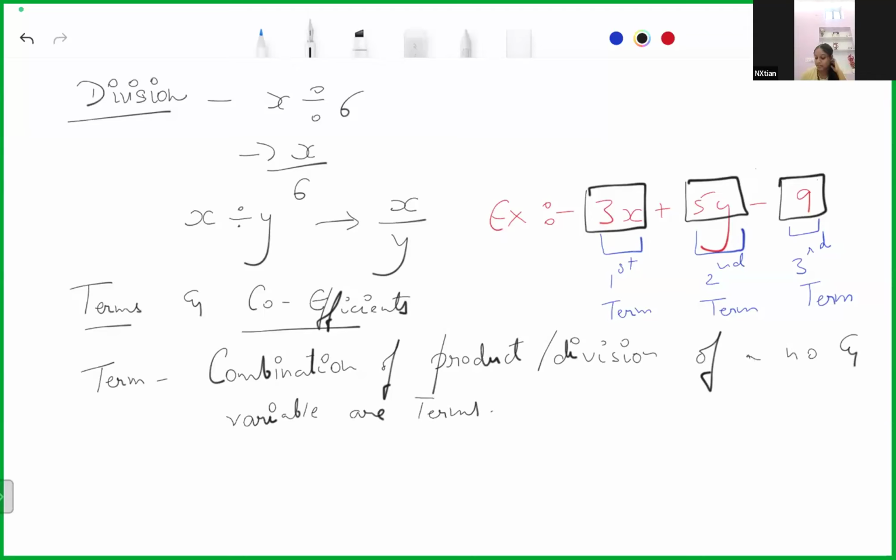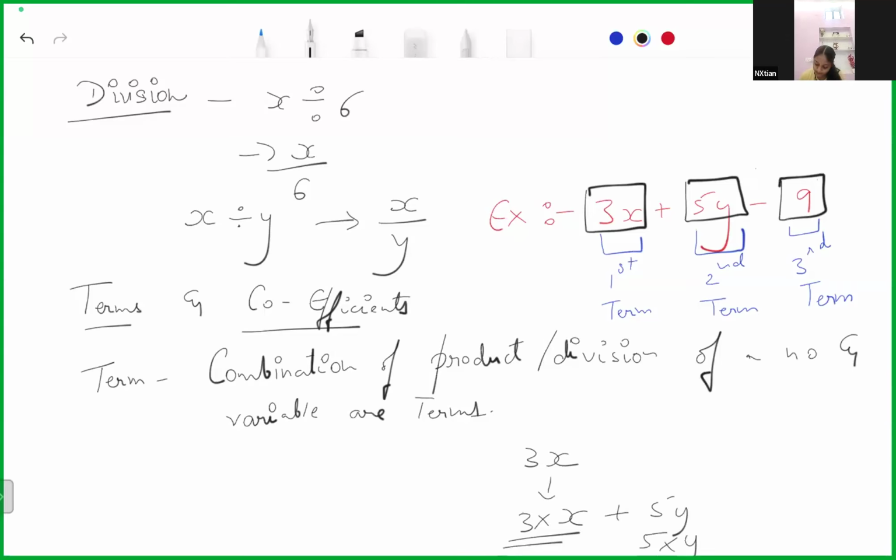So what does it mean? 3x is a combination of a product, that is 3 into x, separated by an addition sign. 5y is a combination of 5 into y. So those are my terms.